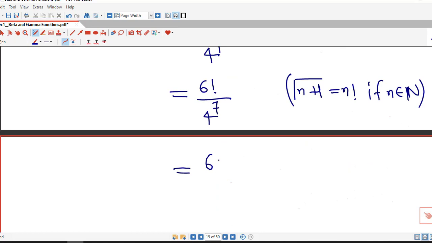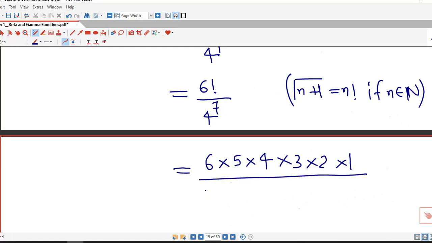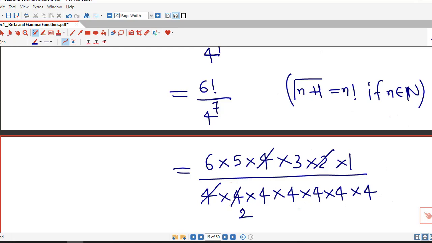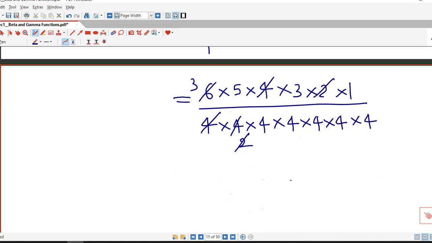Now we can simplify this. 6 factorial means multiplication 6 times 5 times 4 and so on up to 1, and here we have 7 times the product of 4, that is 1, 2, 3, 4, 5, 6 and 7 fours. So one 4 will cancel out here. We can cancel this 2 with this 4, and 2 into 3 is 6, and there is no more cancellation possible, so we multiply.